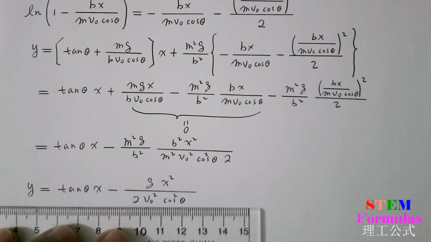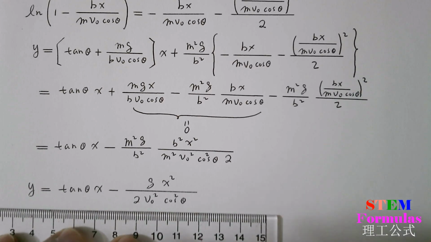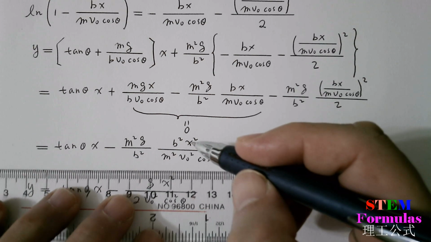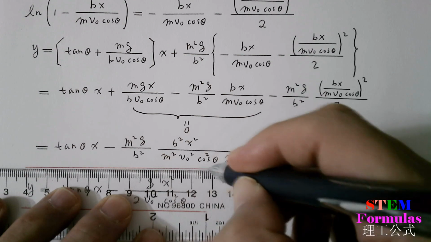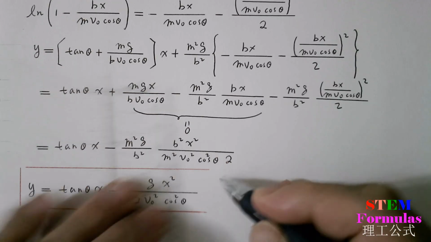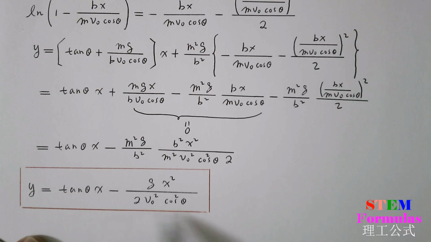And this is the trajectory for a projectile without air resistance.